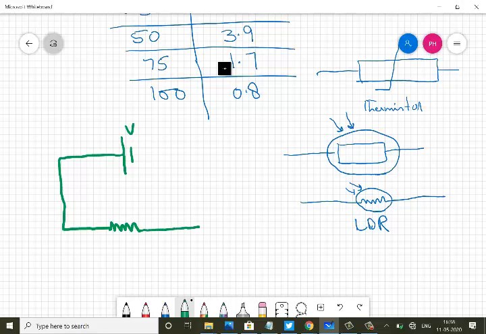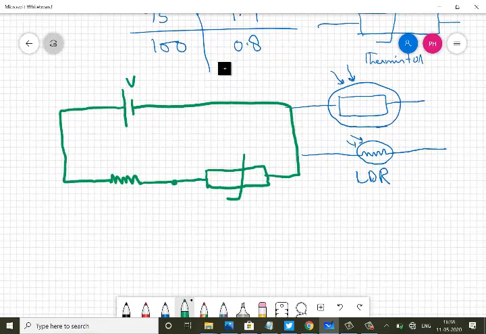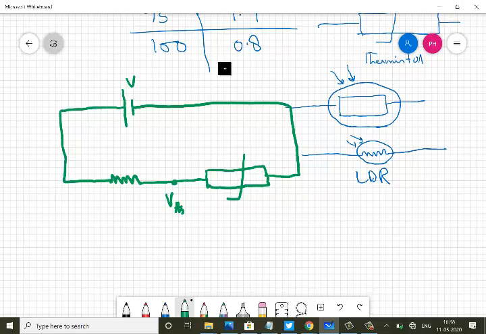In series we connect our thermistor or LDR. The other end goes to the negative of the voltage source. The voltage at this point will be the voltage across the thermistor, VTH.